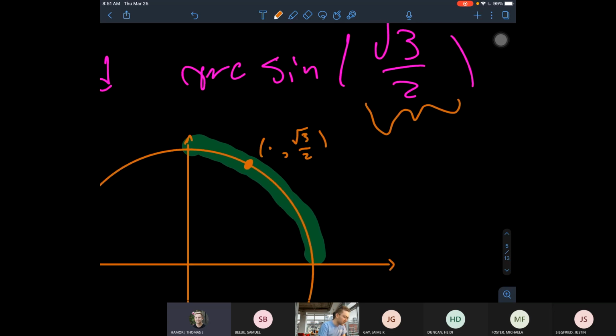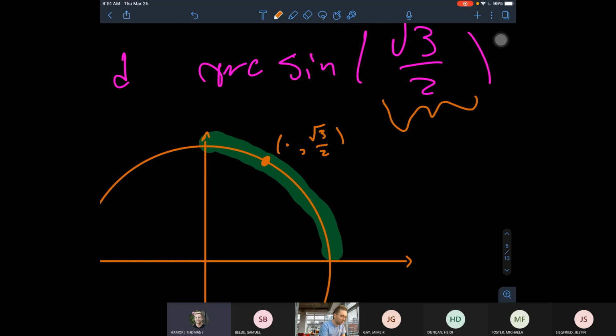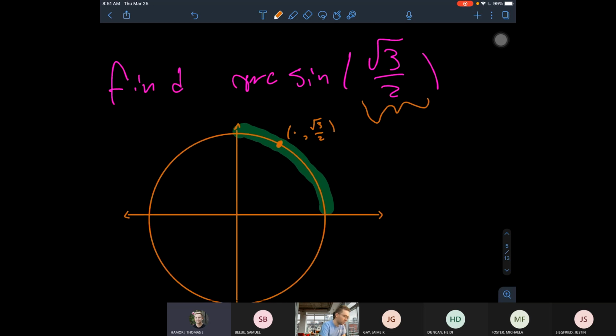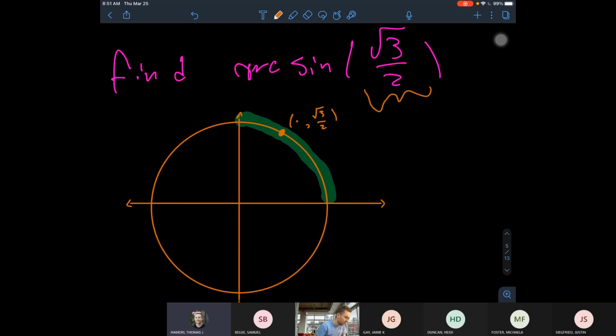Now that we've got a point on the unit circle, are there any other ideas that jump out at you for what we might now proceed to do? Maybe something which we do a lot once we have a point on the unit circle.